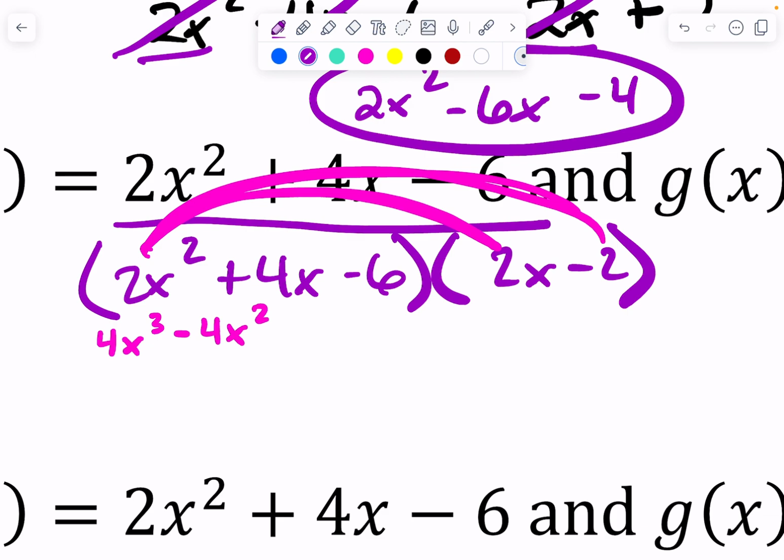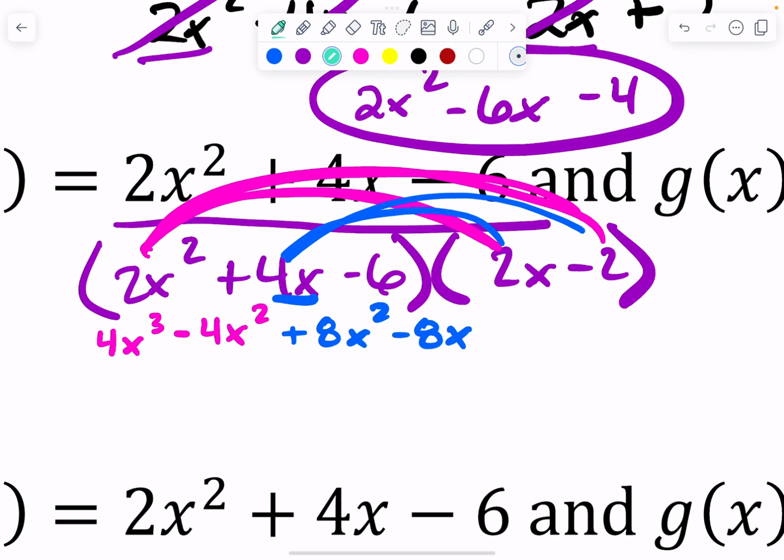Then I'm going to switch to my next one. 4x times 2x is plus 8x squared. 4x times negative 2 is minus 8x. Okay, and then my last little bit is going to be negative 6 times 2x is negative 12x, and negative 6 times negative 2 is plus 12. Okay, and now I'm going to combine like terms. So this guy's going to go first.